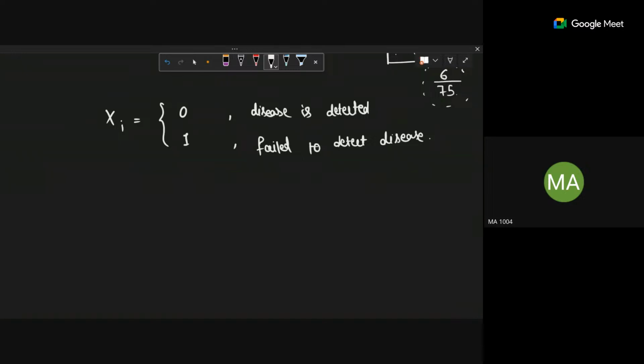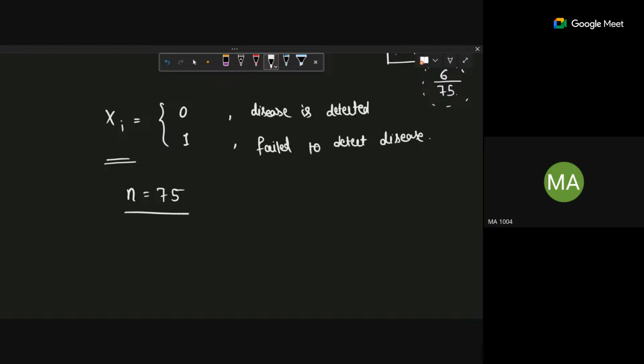And then how many tests have we conducted for the new machine? 75 tests, right? So n is 75. So I took 75 random variables. The Xi's are Bernoulli random variables, right?